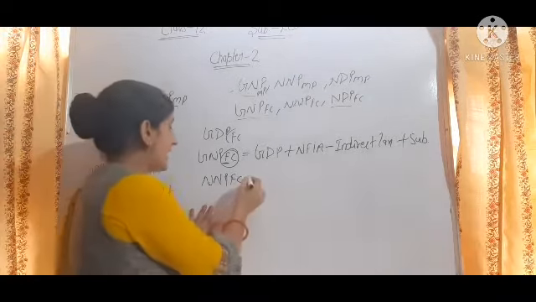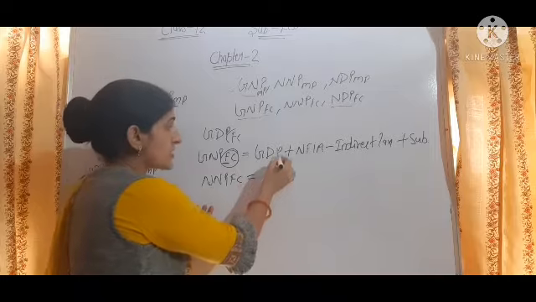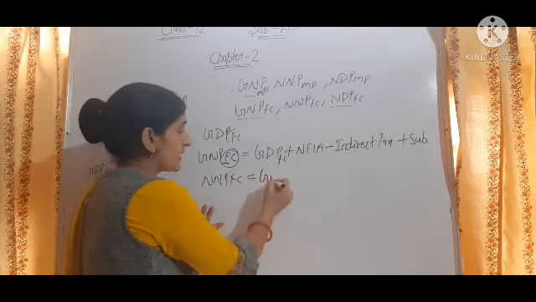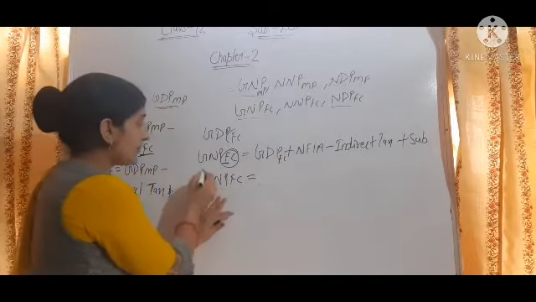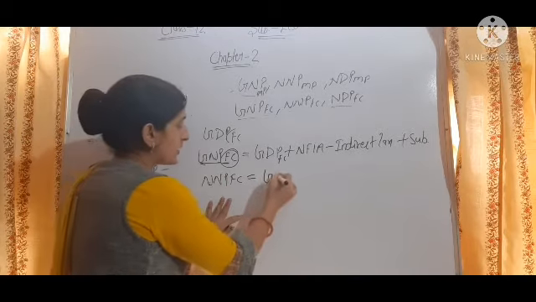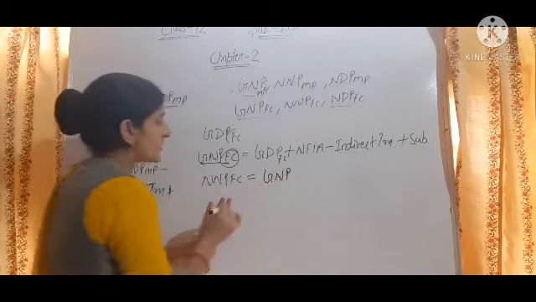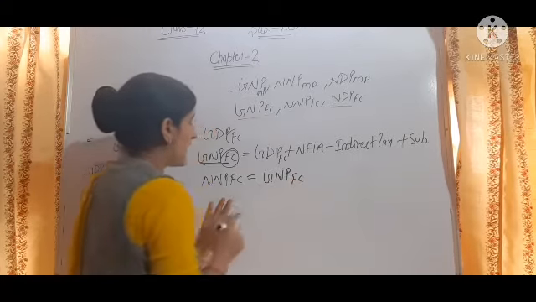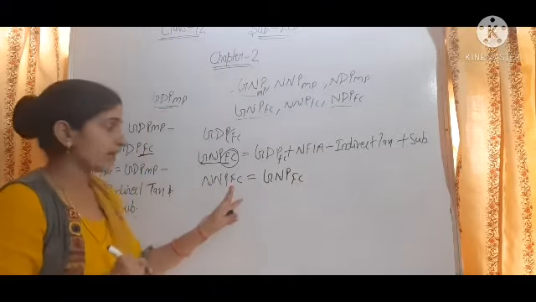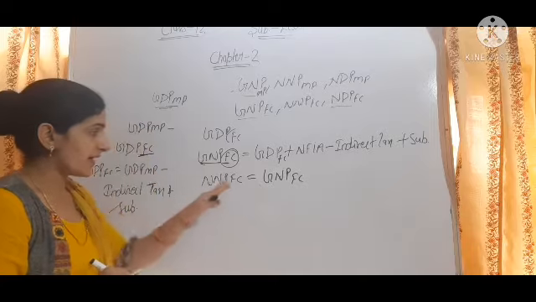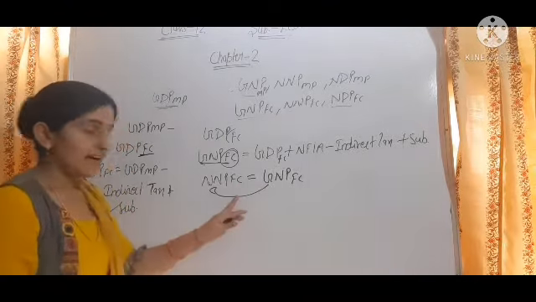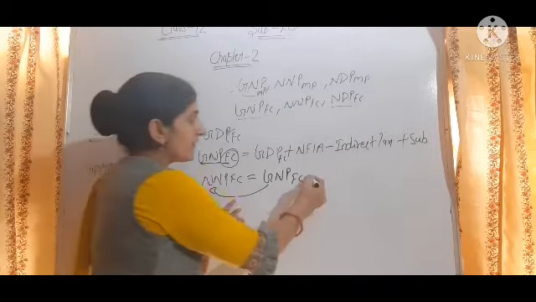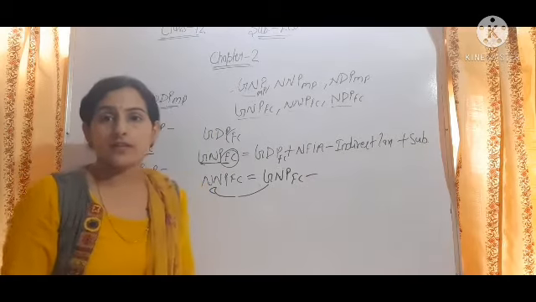Then we have NNP at factor cost. Say you have been given GNP at factor cost and you have to make NNP at factor cost. So what is the difference? Identify. This G will be N. So what will be included or excluded?